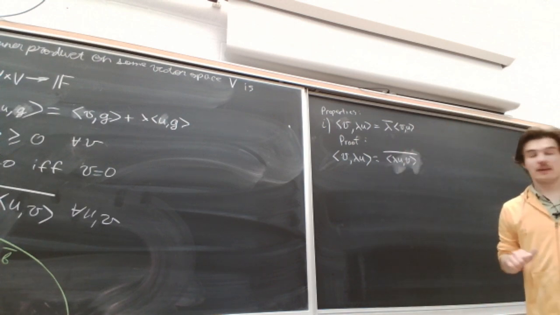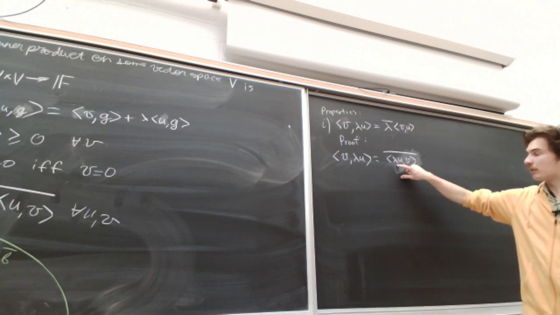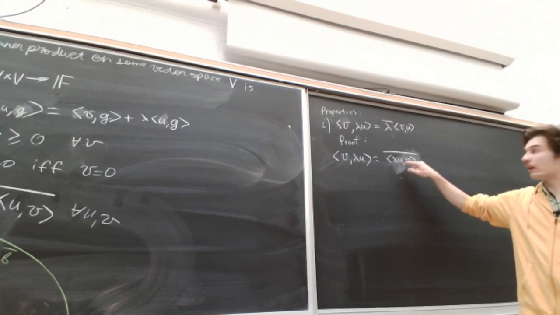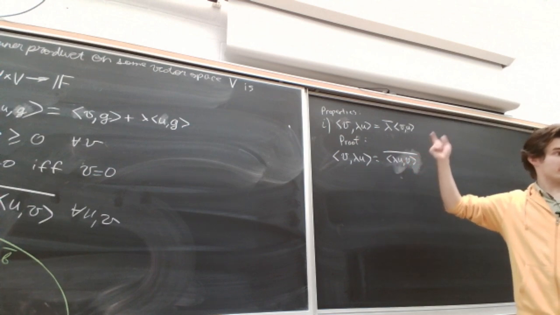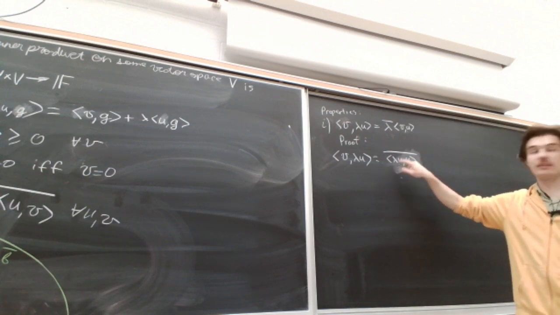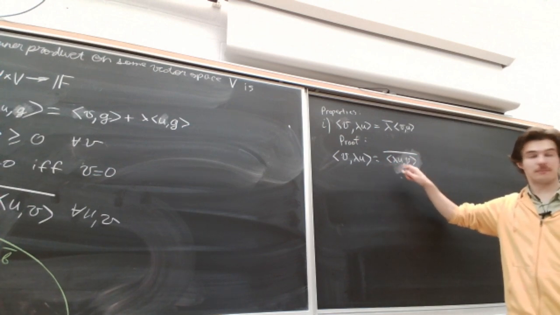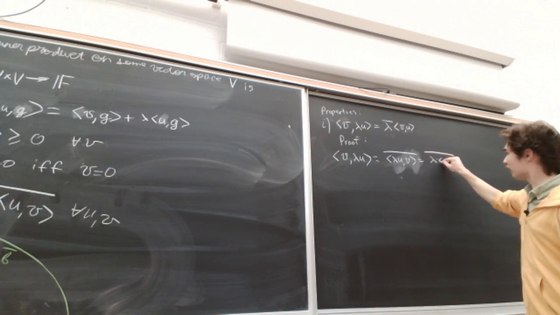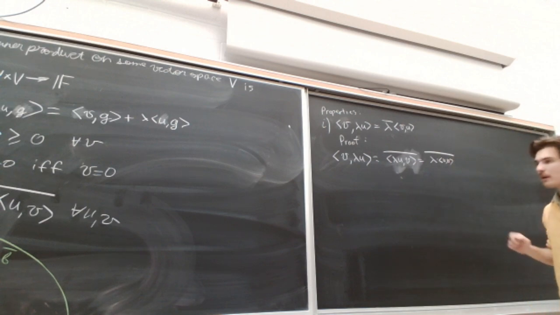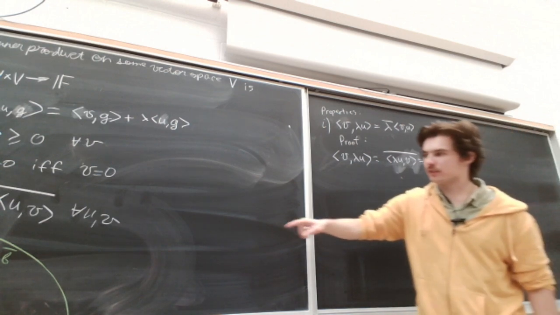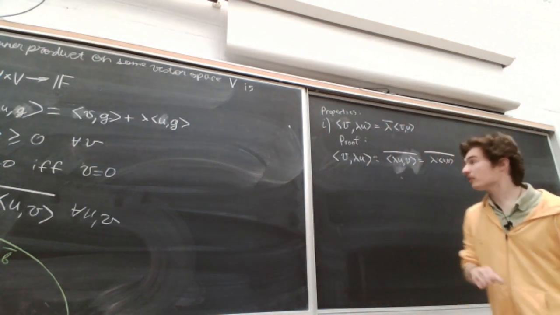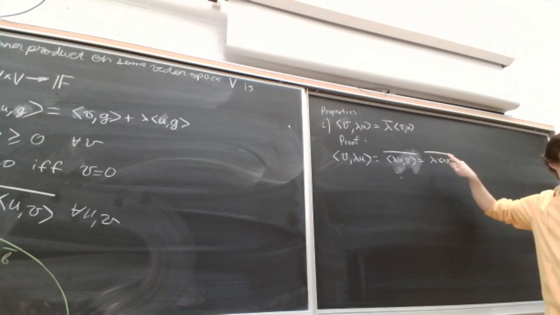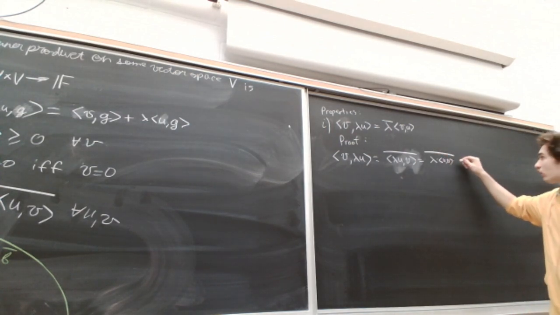Do you agree? Now I have this lambda in the first entry. I can use linearity in the first entry and take it out. So I have the conjugate of lambda times u comma v, so u inner product v. But now I can use the fact I told you about complex numbers: the conjugate of the product of two complex numbers is the product of the conjugates.